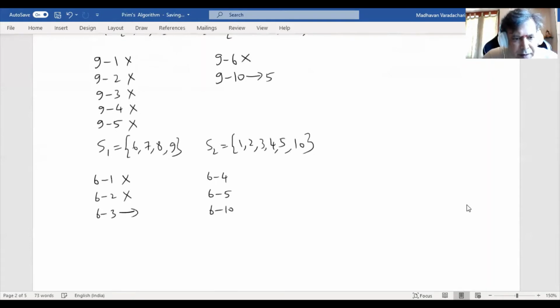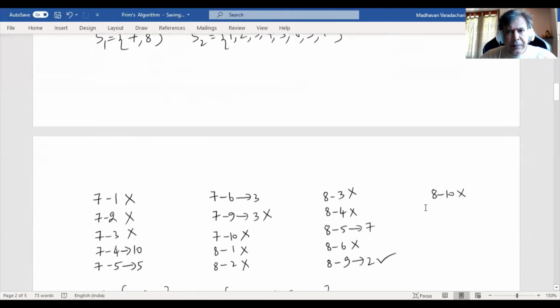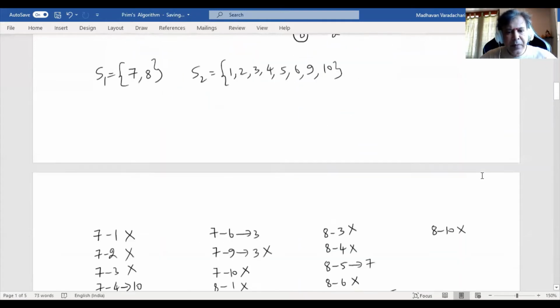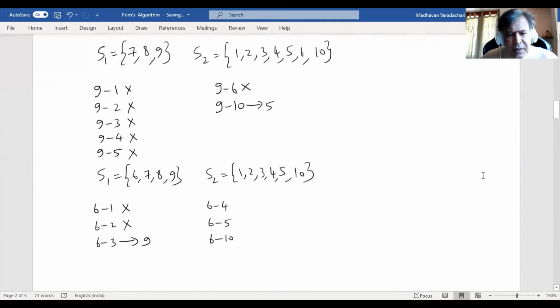Distance is 9. Then 6 to 4. 6 is here, 4 is here, there is an arc and the distance is 8. So 6 to 4 distance is 8.